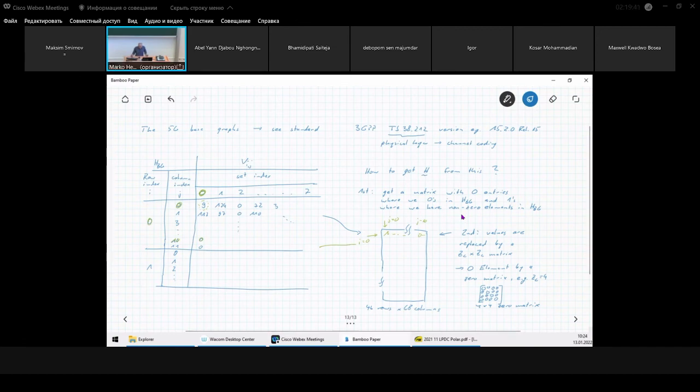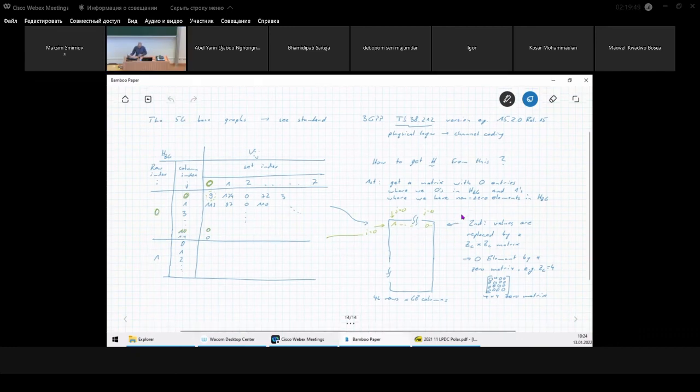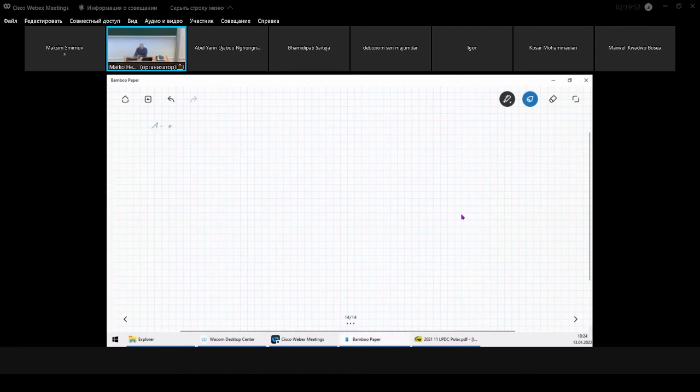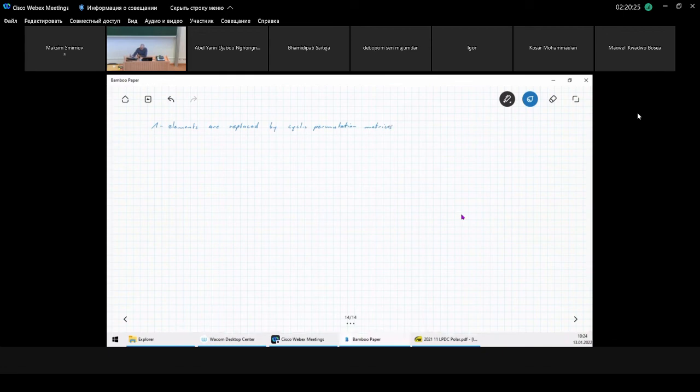Now just the question is, what do we replace the non-zero elements with? So the 1 elements are replaced by cyclic permutation matrices, P_ij.